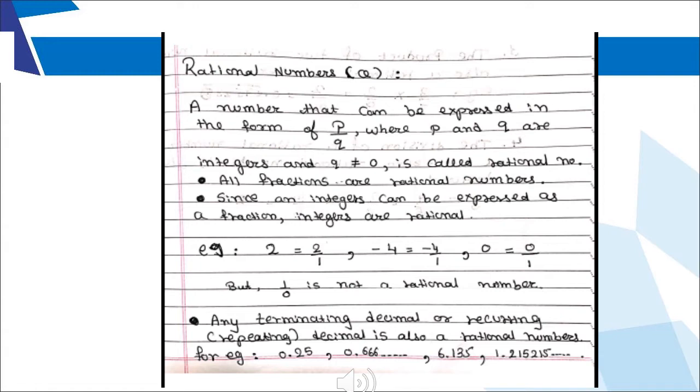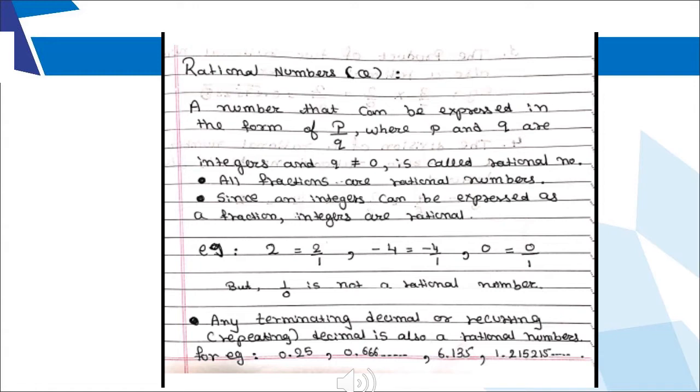Students, what do you mean by terminating decimal? A terminating decimal is a decimal that ends, or it's a decimal with a finite number of digits. Correct? So you can see examples of terminating decimals: 0.25 and 6.135. And what is recurring?